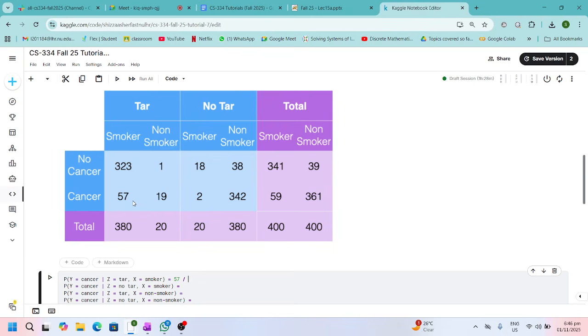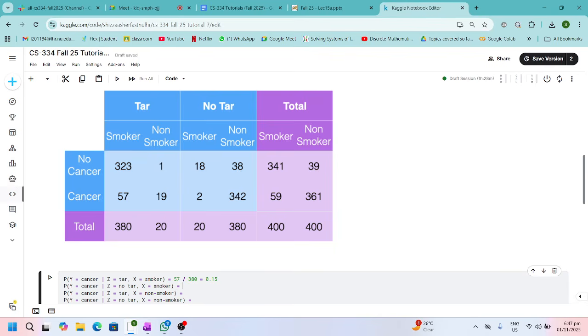Let's see. Given that x equals smoker, yeah, I have 380 over here. So I will divide this by 380, which will give me 0.15. Does this step make sense? Are there any questions?